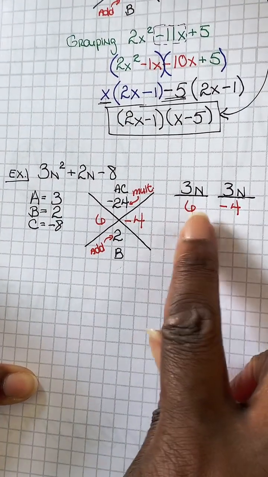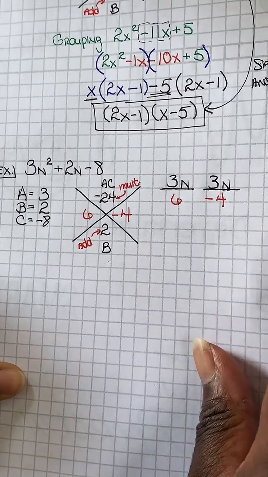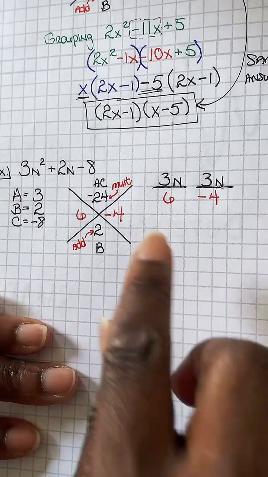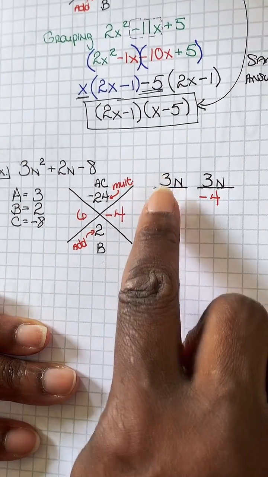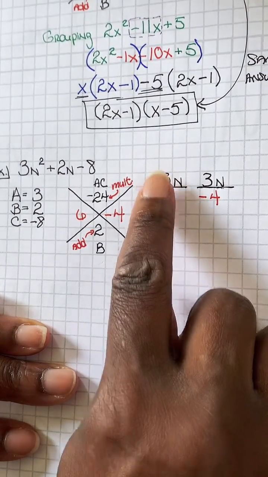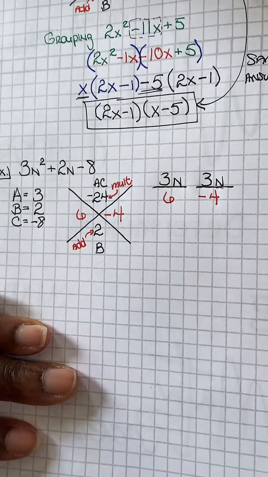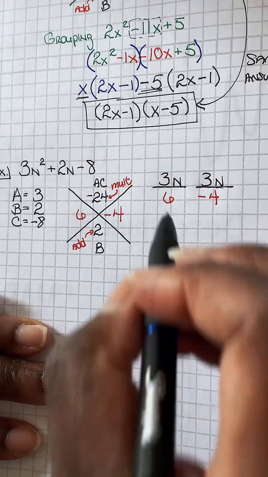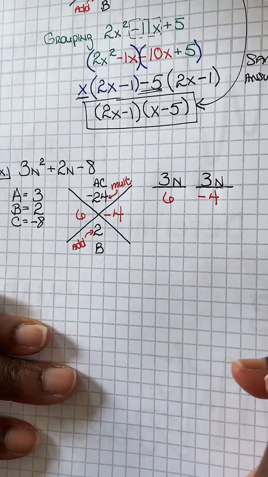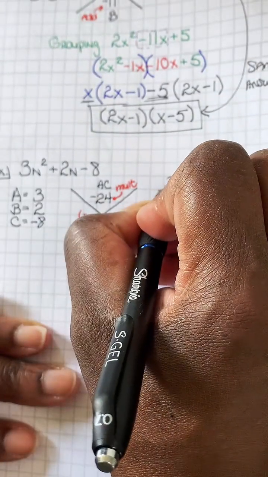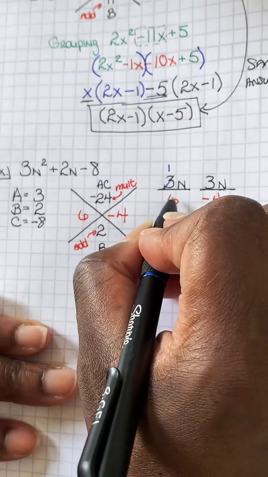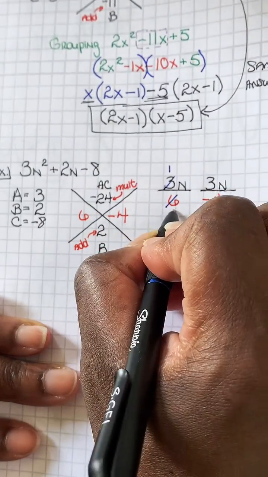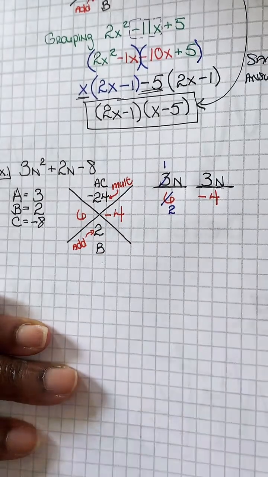These two represent my two parentheses. But I always want to see if I can simplify. 3 over 6, we can simplify by 3. 3 divided by 3 gives me 1, and 6 divided by 3 gives me 2.